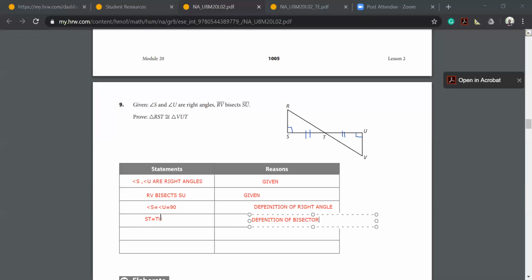Very well. And then what else? I still have angle T. So I'm going to tell him here that angle RTS is equal to angle on the other side, UTV, and that's because of the vertical angle theorem.